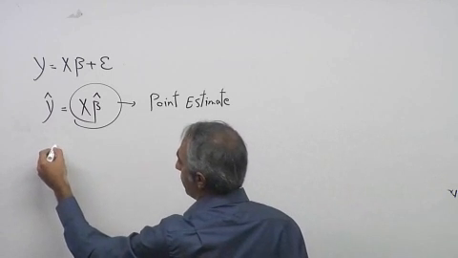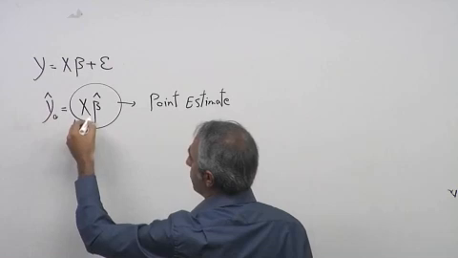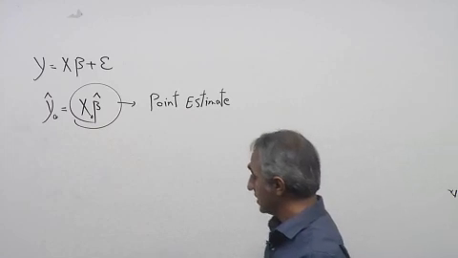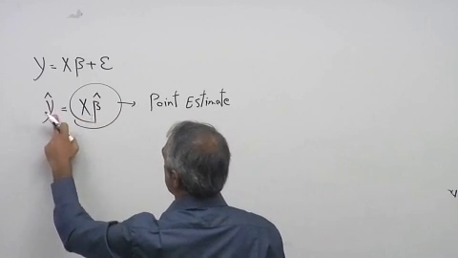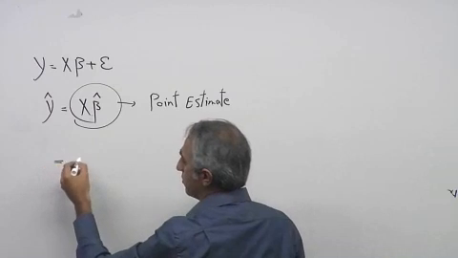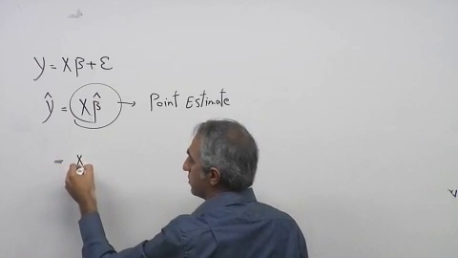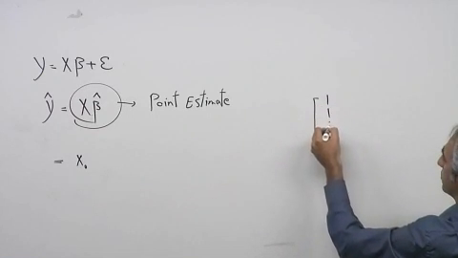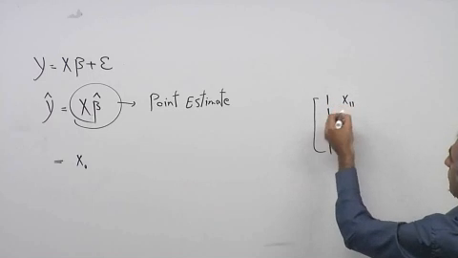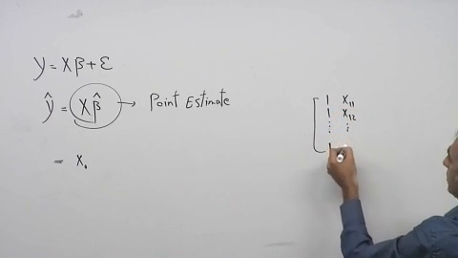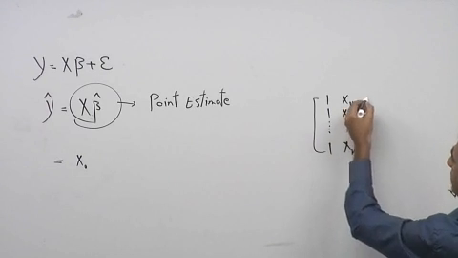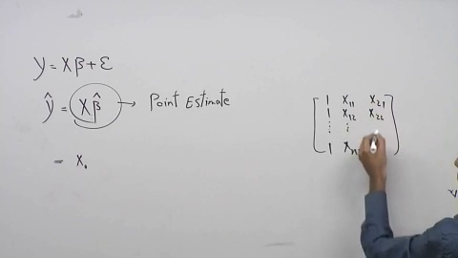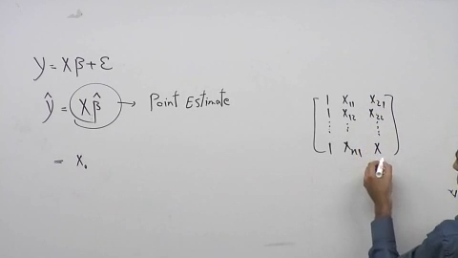So what if I want to do that point estimation for some values that I have, let's say x0, then it would be, let me put it this way. So x0 is a vector, so it would be x0 prime. This is a matrix. Just want to tell you what I mean by that. So this is x11, x12, xn1, x21, x22, xn2.